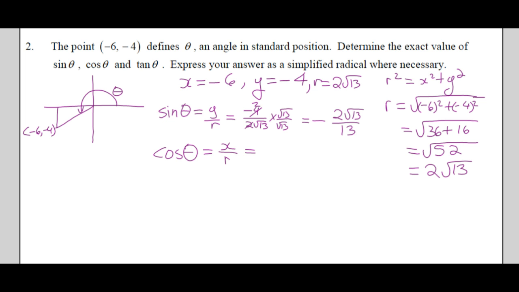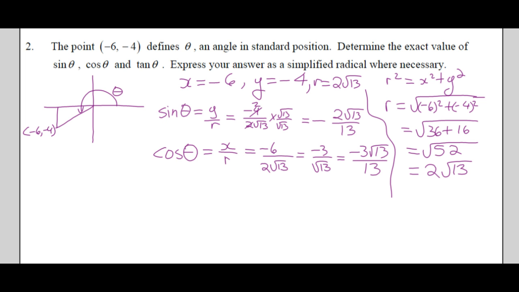x over r is negative 6 over 2 root 13. Maybe I'll just write that as negative 3 over root 13, and then negative 3 root 13 over 13. I don't need to show how I got the simplified radical form, but let me simplify it first.